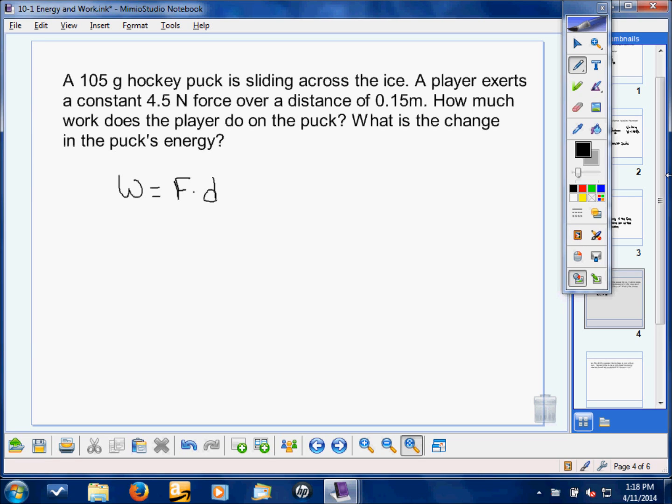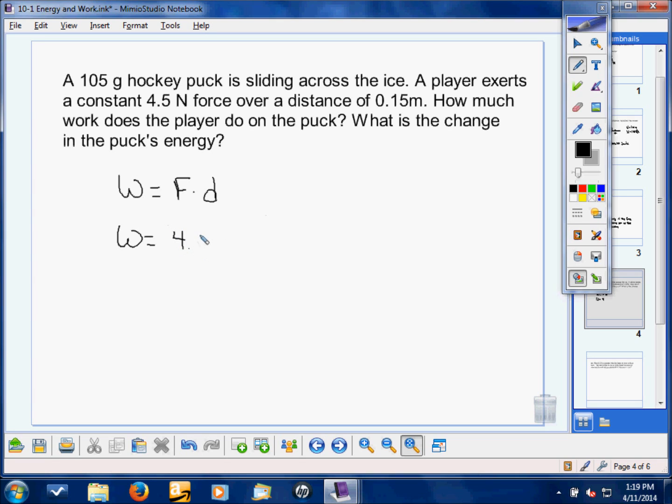The 4.5 Newton force from the player, or the fact that the hockey puck has weight? The 4.5 newtons is causing it to move this far. So our work then completely ignores our 105 grams. We wouldn't even need to have that. The only reason it's in this problem is because in real life you encounter information, you have to be able to sort out which is relevant and which is irrelevant.